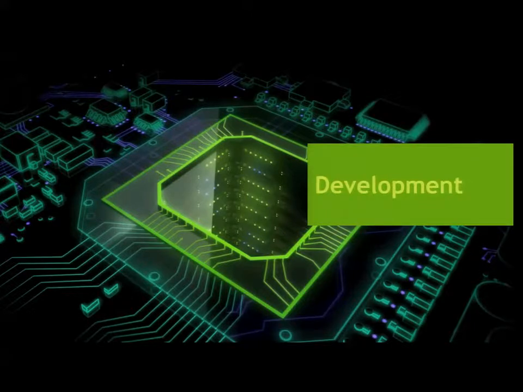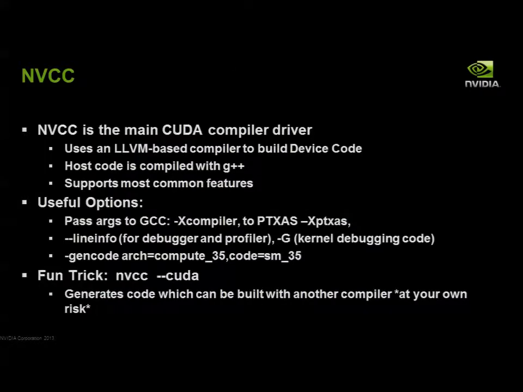So the first set of tools are the development tools. If you've already gotten to know NVCC, there's actually a few more options that we haven't covered yet. So NVCC is just our compiler wrapper that, to some degree, first off, splits the host and the device code.